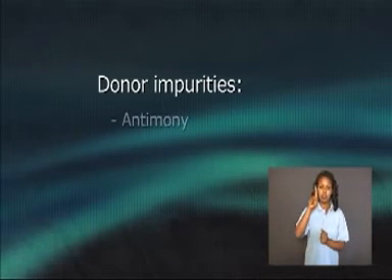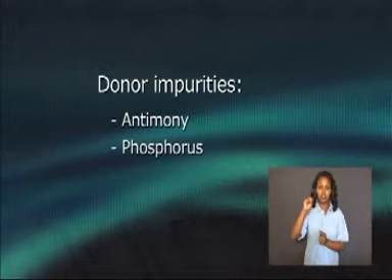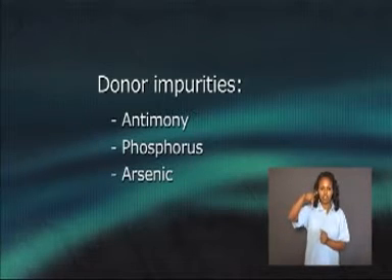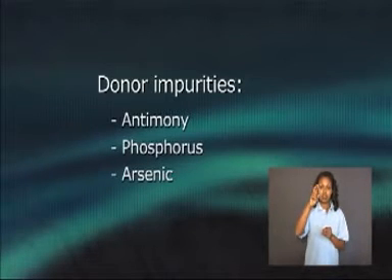Impurities such as antimony, phosphorus, and arsenic are donor impurities. We have a name for extrinsic semiconductors that have been doped with donor impurities.